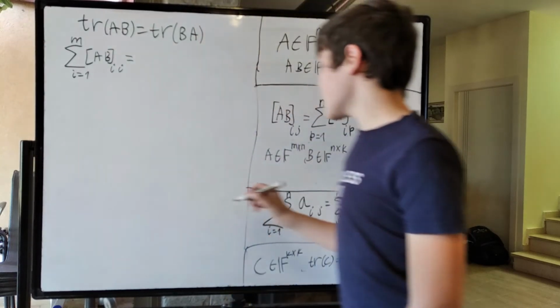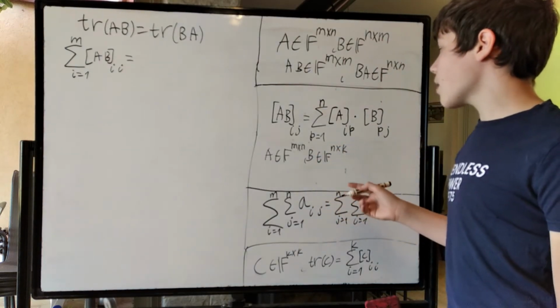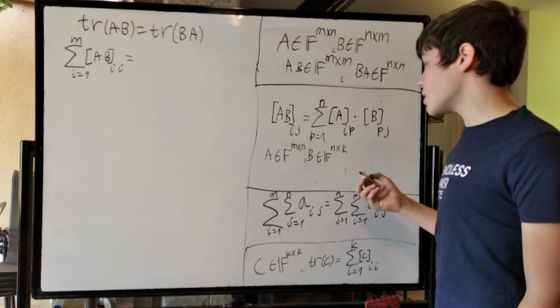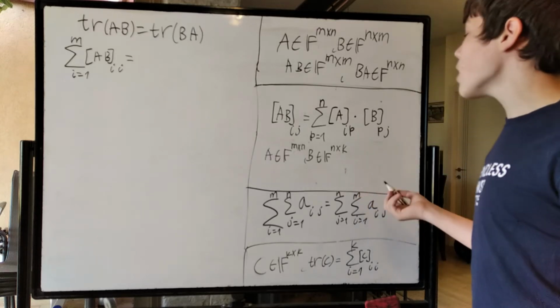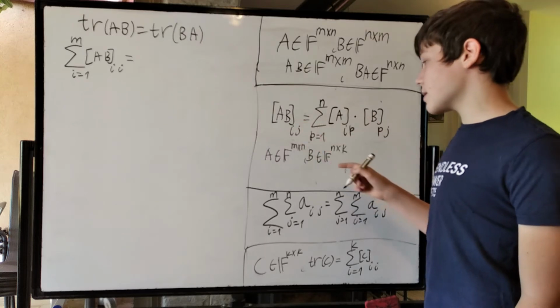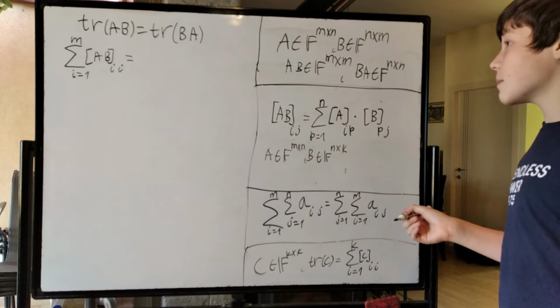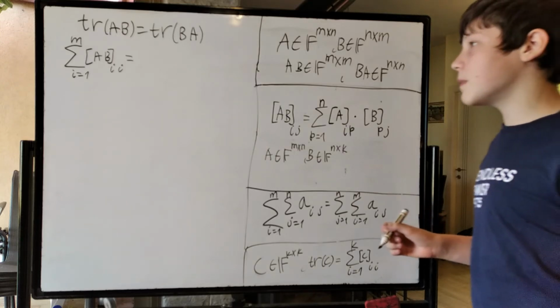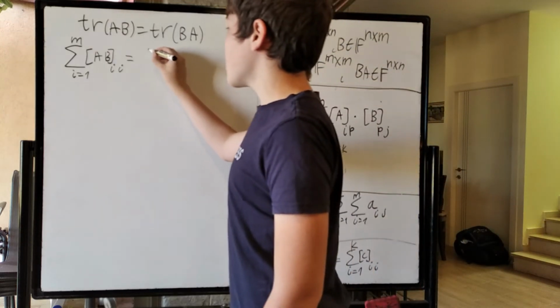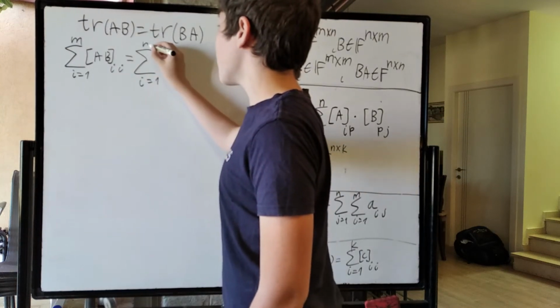Now let's look at the definition of a product of matrices. The term in the matrix A times B, in row i, column j, is just this sum. So, let's just substitute it in. So this is the sum as i goes from 1 to m.